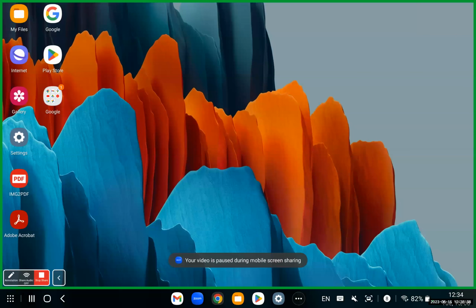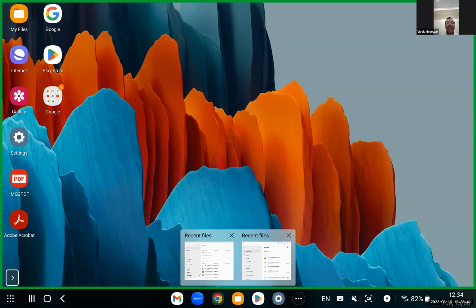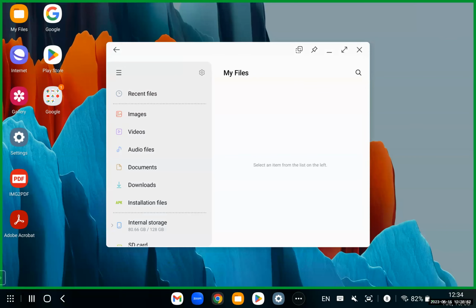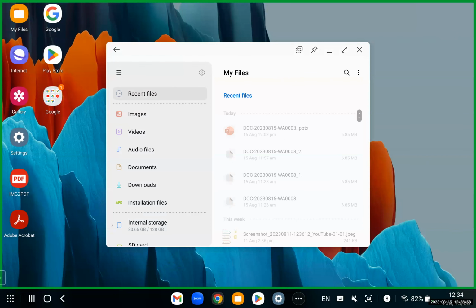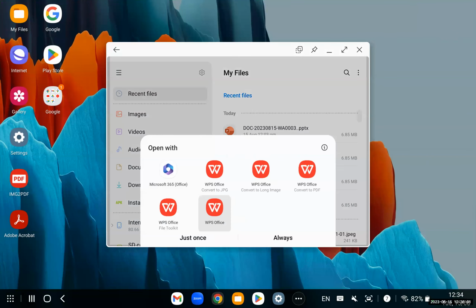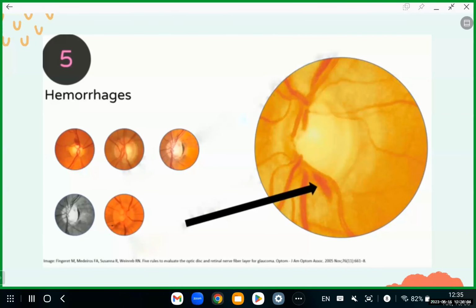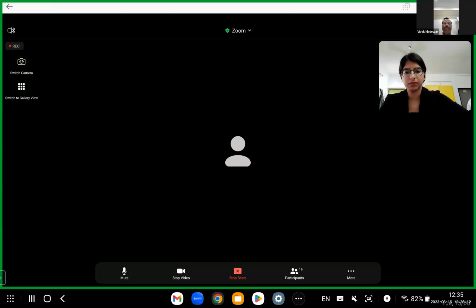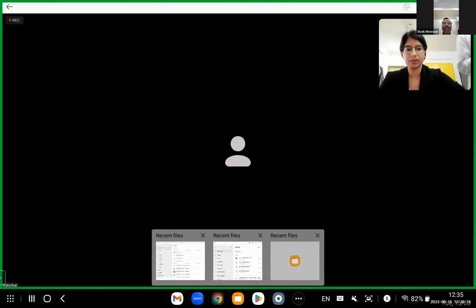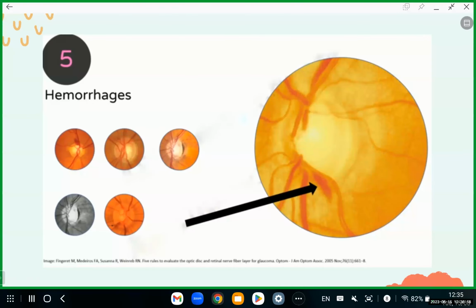It is visible, but only the screen is visible. You have about 45 to 50 seconds left, so you have to finish within that.